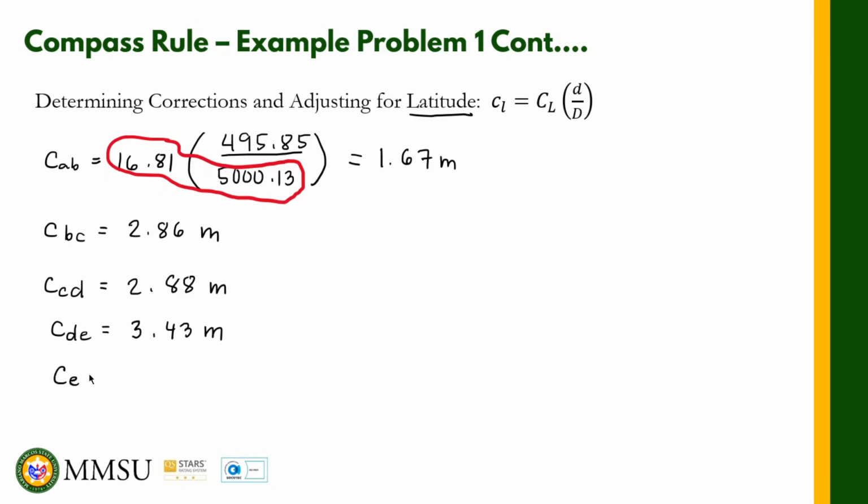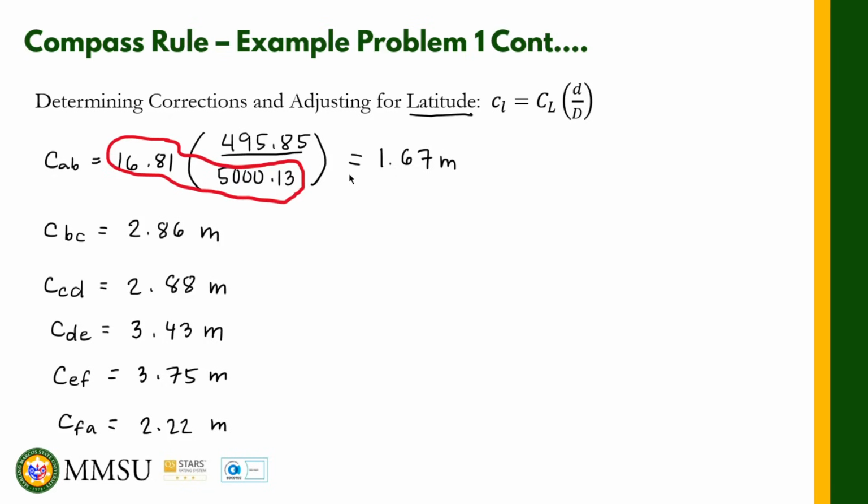Correction EF is equal to yung A times 1,117.26. That's 3.75 meters. And finally, for the correction FA, we have 660.08 times yung A. We come up with positive 2.22 meters. Okay? Yan na yung mga computed natin na correction for each latitude.